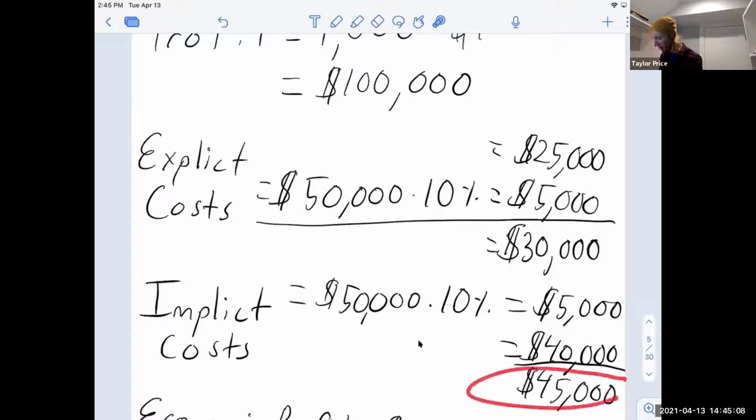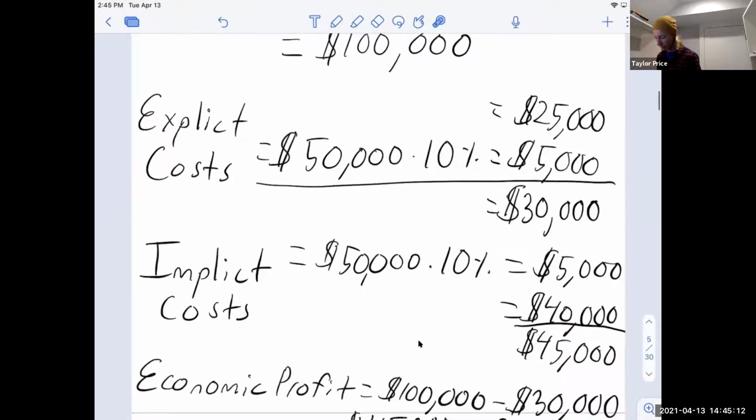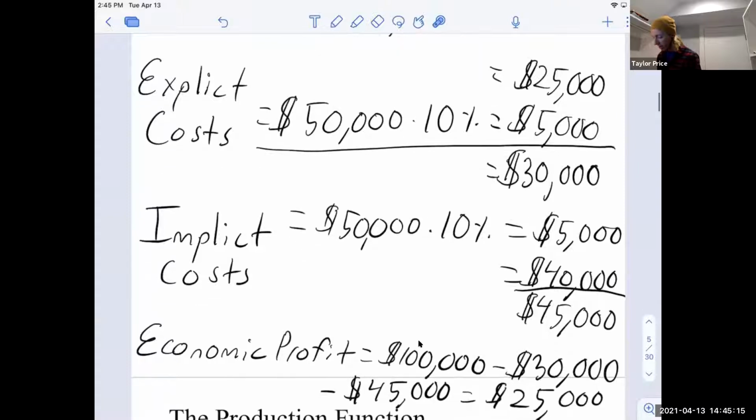That's going to give us $45,000. So then his economic profit is going to be his $100,000 of revenue minus the explicit costs up here, then minus the implicit costs right here. So that's going to give us $25,000.